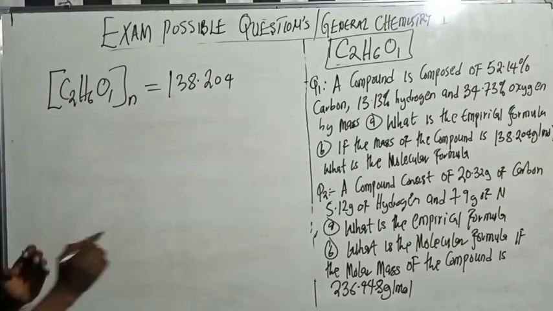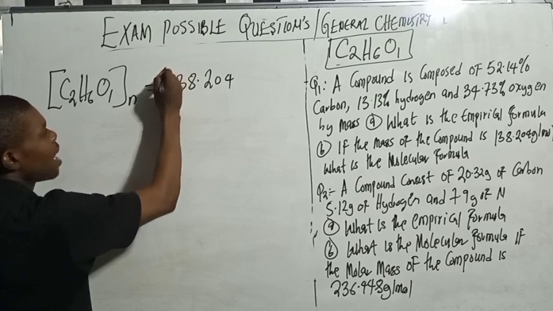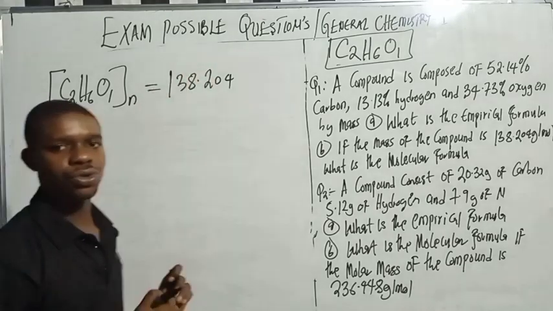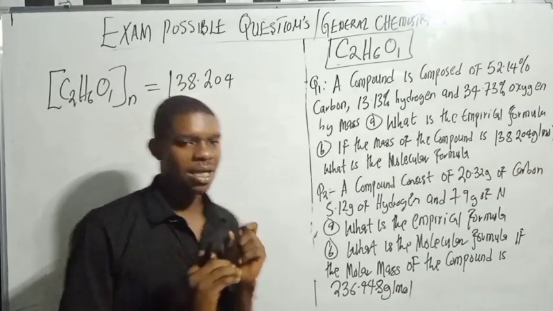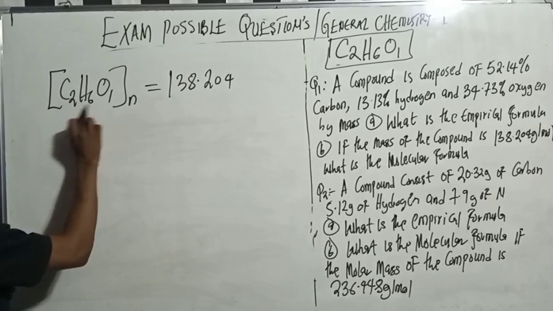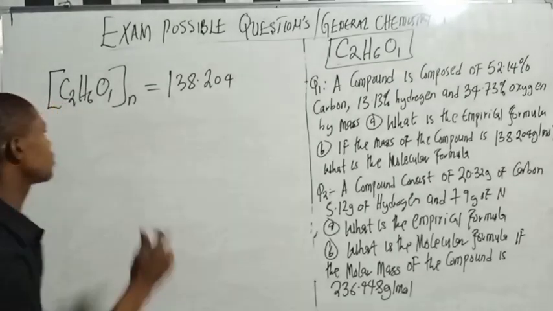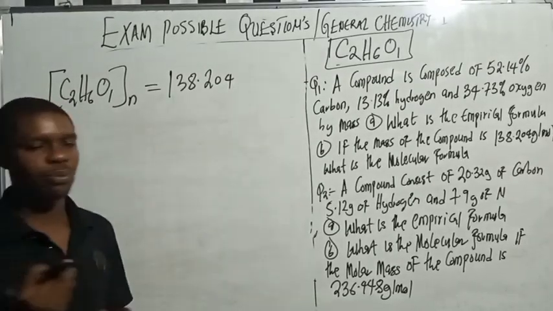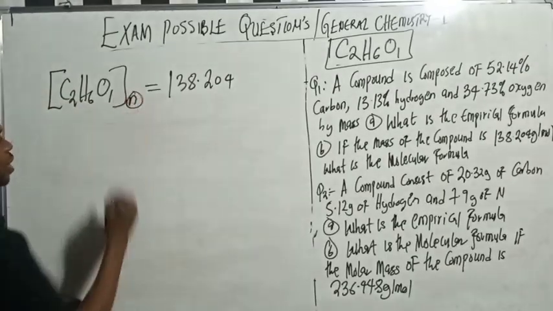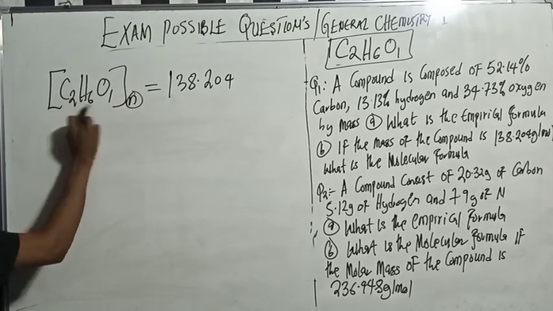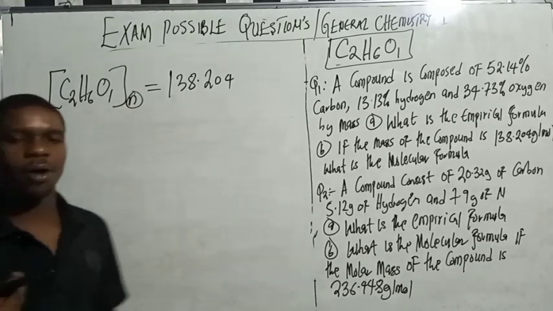This is the molar mass of the entire molecule, and this is just my empirical formula. For me to get my molecular formula, I need to calculate n. n means I'm going to multiply the empirical formula by n to get my actual formula.